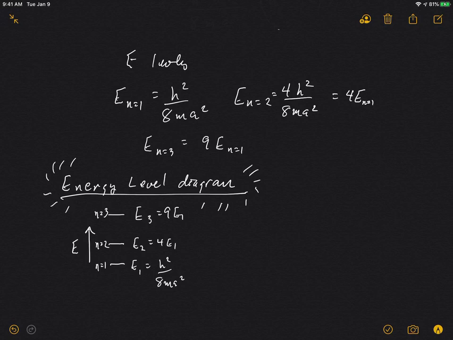If I ask you for an energy level diagram on a test or on a quiz, I don't want to see a potential energy function. I don't want to see how kinetic energy varies quadratically with velocity.